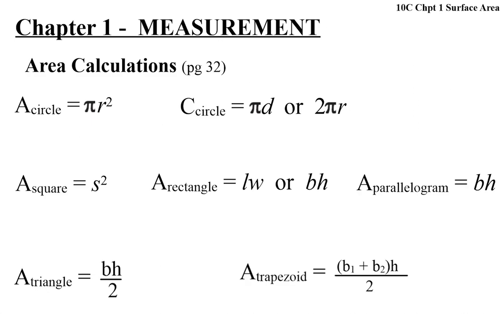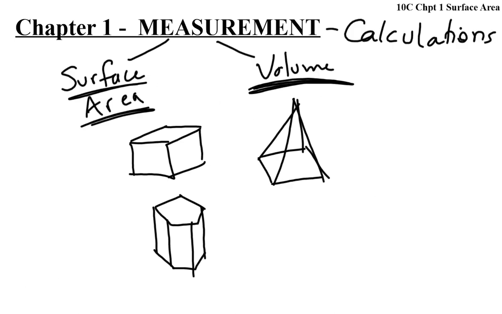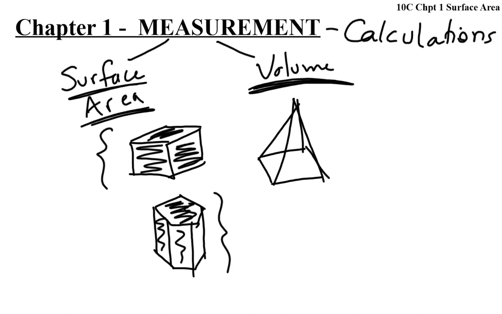So, if we take a look to start with, let's look at the individual area calculations for two-dimensional shapes, because all the three-dimensional shapes that we have, like this prism, is made up of two-dimensional flat surfaces. This particular prism is made up of a pentagon and then some rectangles, which are two-dimensional flat shapes.